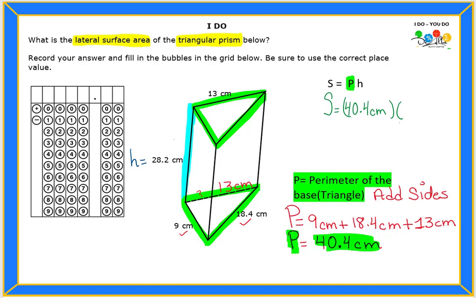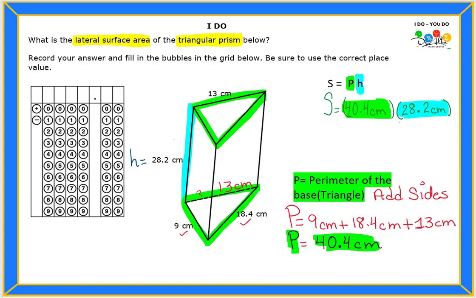Let's write it down in the parentheses. The height is replaced with 28.2 centimeters, and of course the perimeter was 40.4 centimeters.